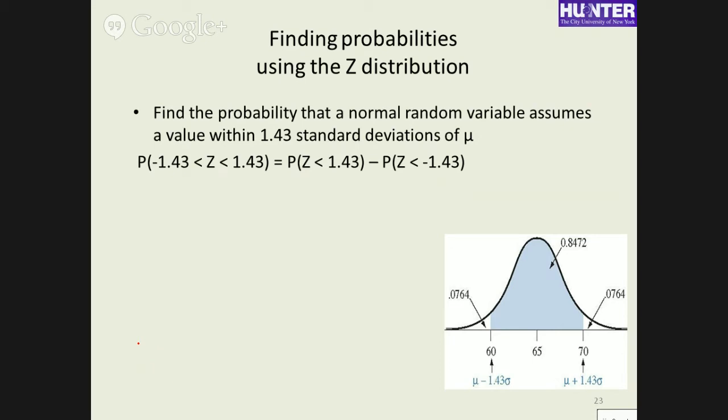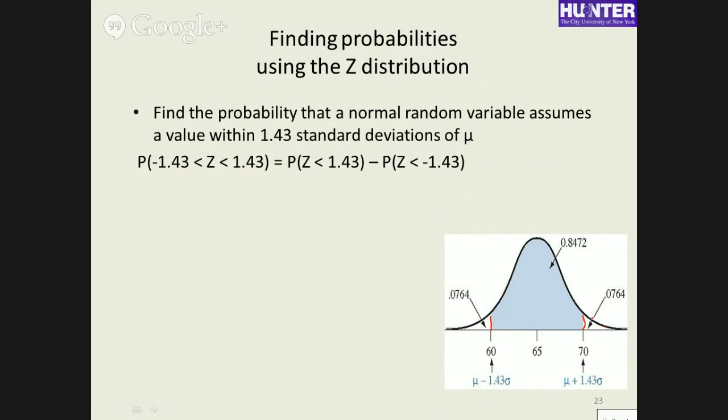One more example here. Those were one-tailed examples, but there are cases where you want something bounded on the left and on the right side. All you have to do to calculate this probability is to calculate the left tail probability of the right-hand side and of the left-hand side and subtract them.